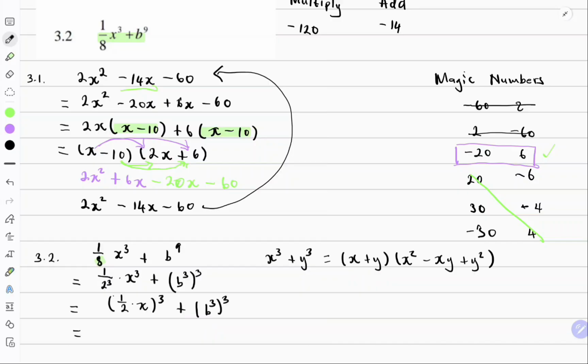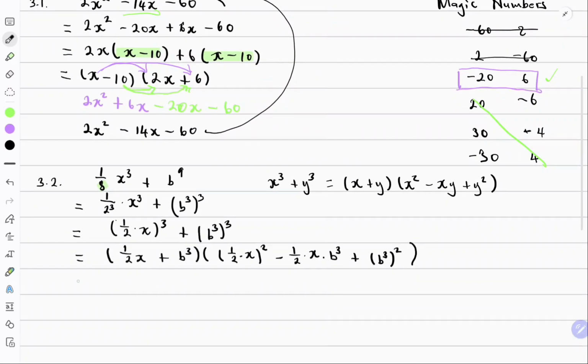This would give us, for the first term, if we substitute this term in the place of x, you'd get half x, and the second term is y, so it's plus b cubed, into, and then we substitute in the place of x here, so this gives us half x squared, and then minus half x times our y, which in this case is b cubed, plus, and in the place of y we've got b cubed squared.